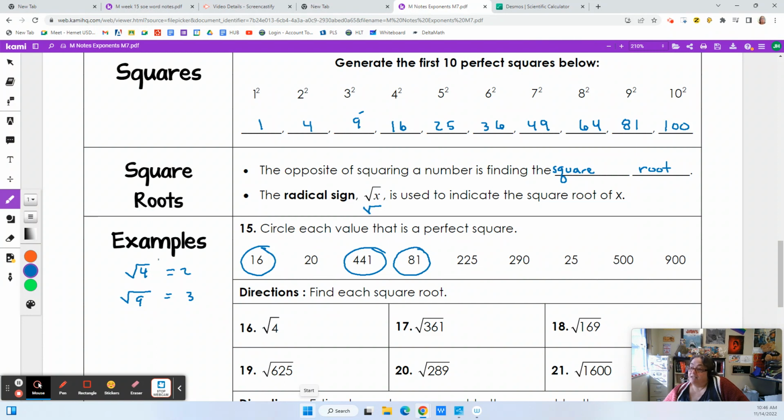I saw Gabriel shake his head. Did you shake your head? Is 225 a perfect square? Let's ask Isabel Lopez. Isabel, is 225 a perfect square? Okay, that's what I thought.